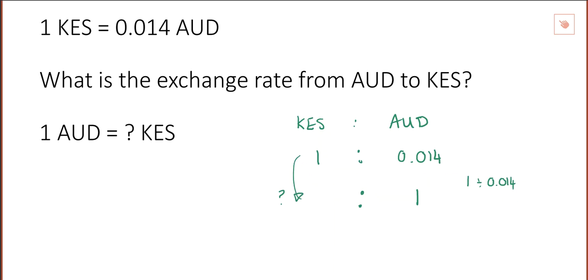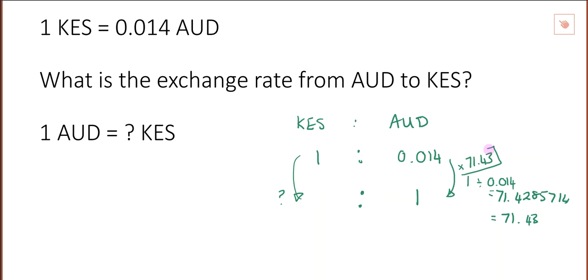So 1 divided by 0.014 is 71.428, but I can probably round that to 71.43. Now, we also know division and multiplication are linked, so I know that that would be multiplied by 71.43.